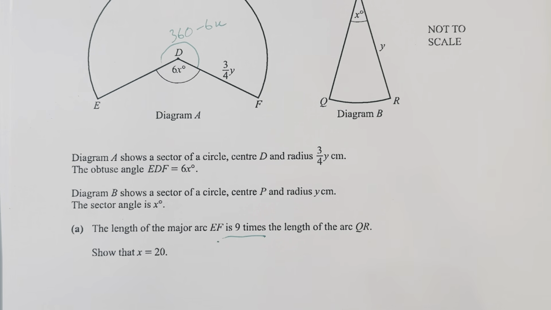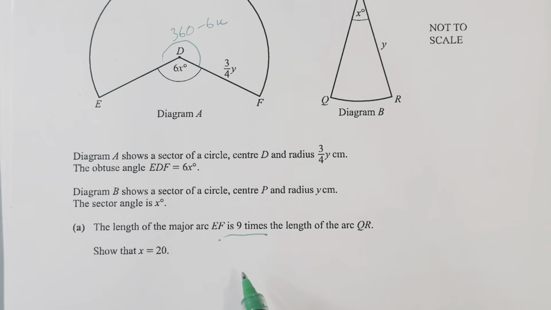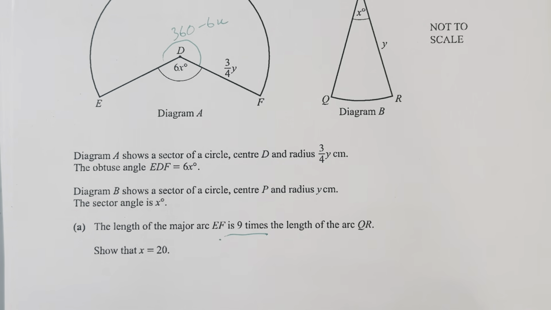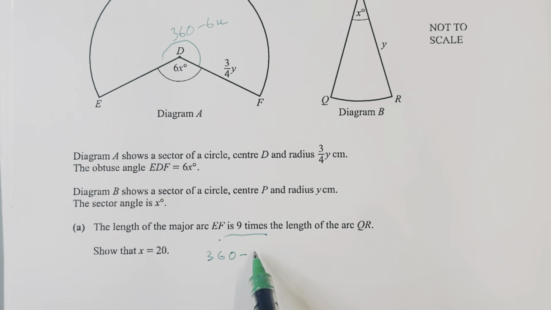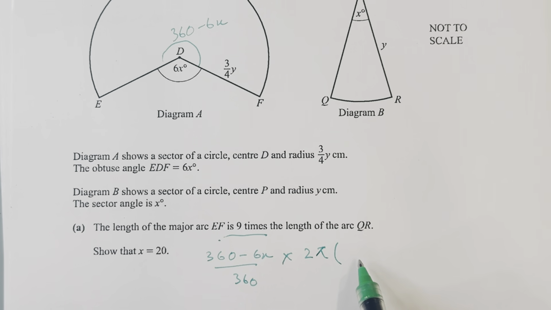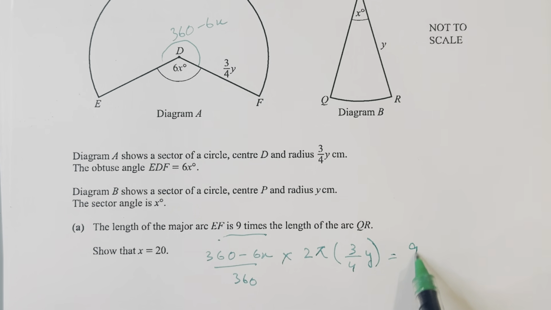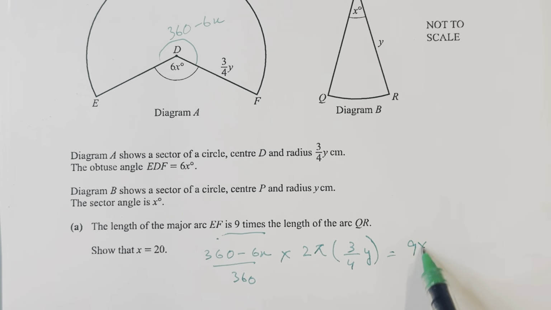Okay, we know that the length of the arc has a formula of theta over 360, here 360 minus 6x over 360, multiplied by 2 pi r. So 2 pi r, where r over here is 3 by 4y. And this is equal to 9 times this.